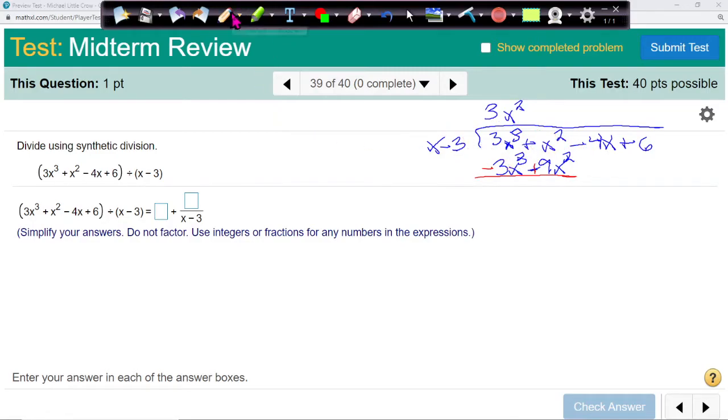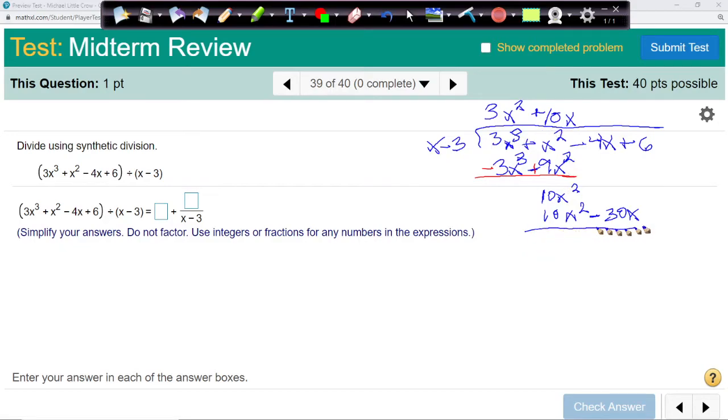And this part, we have 1 plus 9, so we end up with 10x squared, like terms. So what multiplies to give us 10x squared from an x? That's going to be plus 10x. 10x times x gives us 10x squared. 10x times 3 gives us a minus 30x.